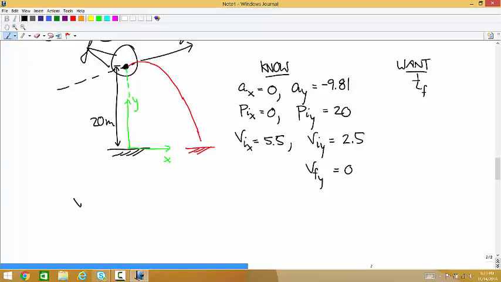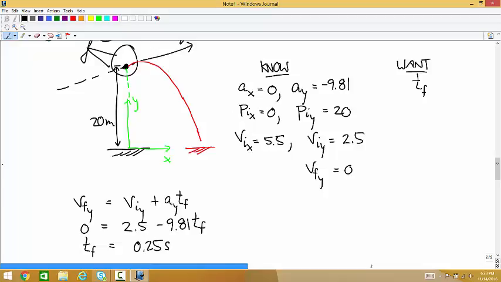And so we use VFY is equal to VIY plus AYTF. So 0 is equal to 2.5 minus 9.81 TF. So TF is about 0.25 seconds.